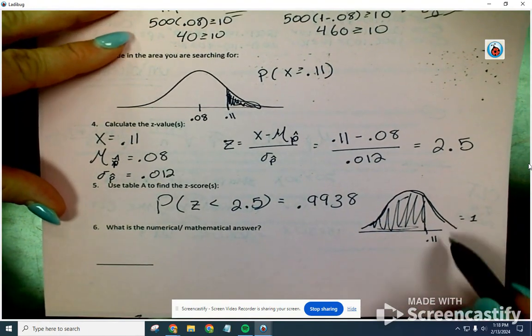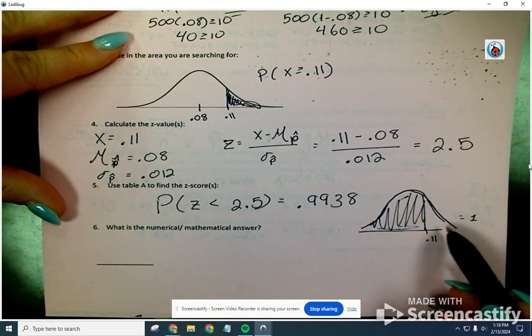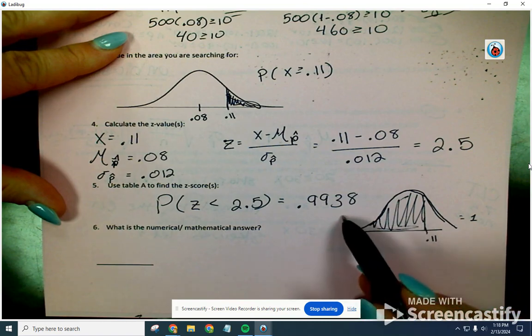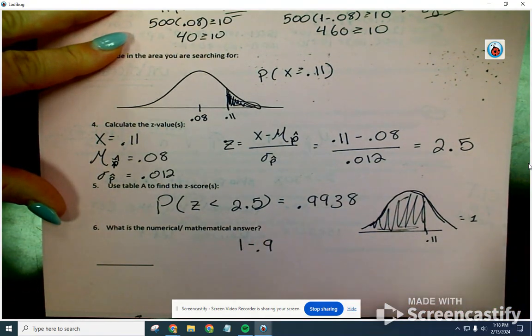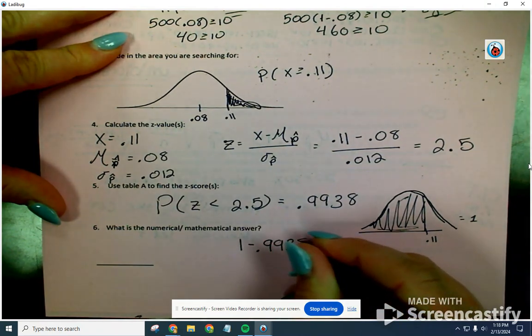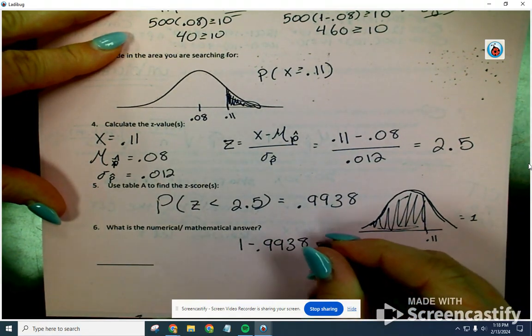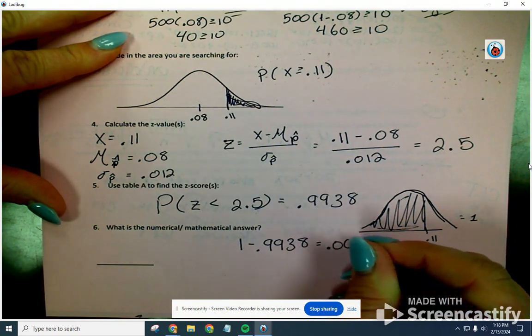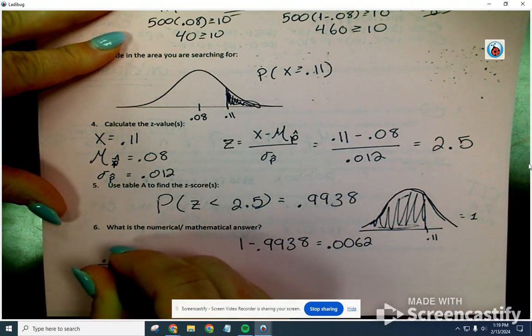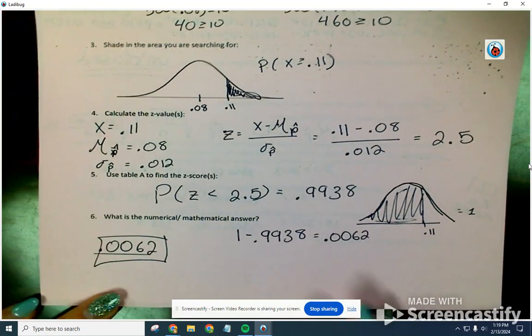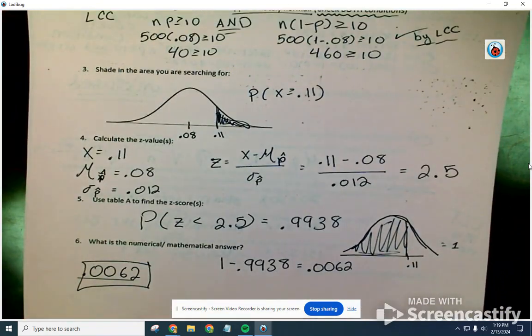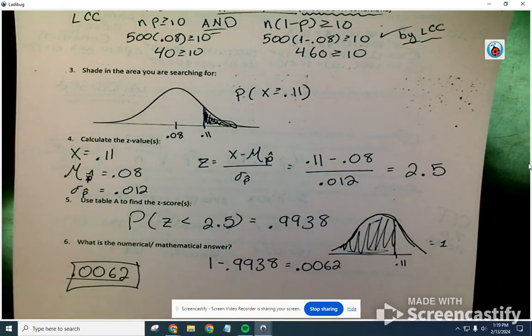So if the entire curve is 1 and this shaded area is 0.9938, to find the other area, we're going to have to do 1 minus that number, and we will get 0.0062. And that will be our probability. That's our final answer. Okay, in the next video, we will discuss sampling distributions of a sample.